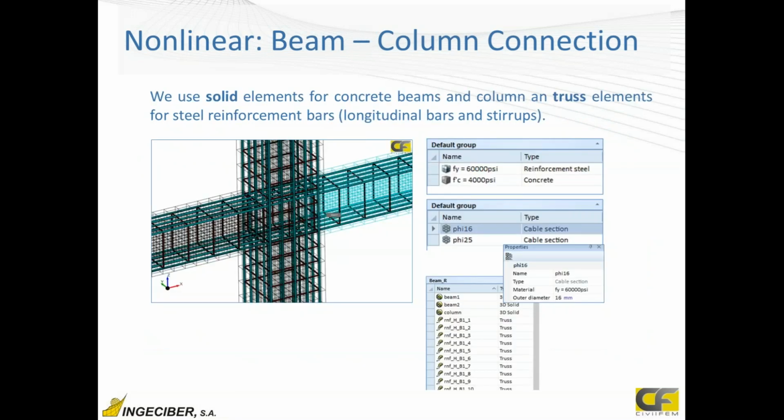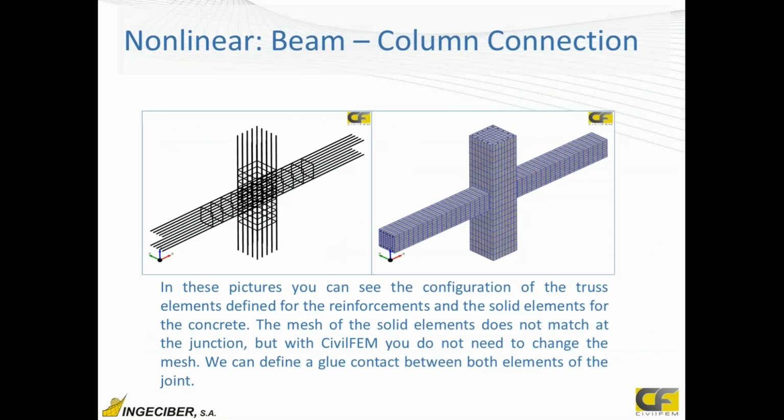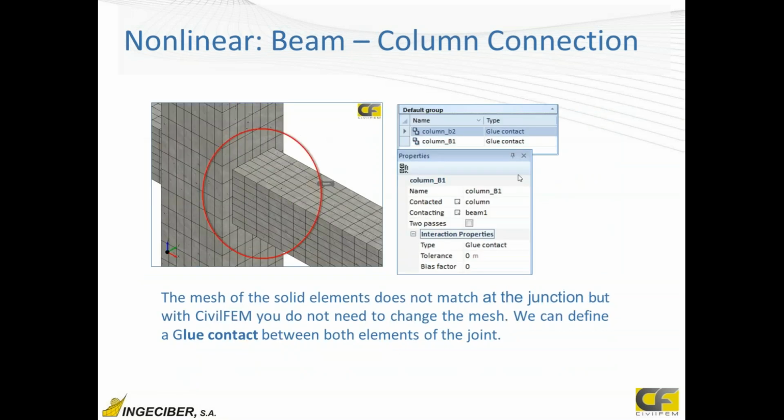Okay, this study will be more advanced. This is our model. We have defined as well a solid model, and with the same utility, setting insertions of the truss of the rebar, made by truss elements, into the host elements, which are the beam and column solid elements.